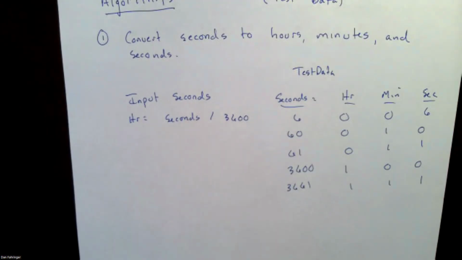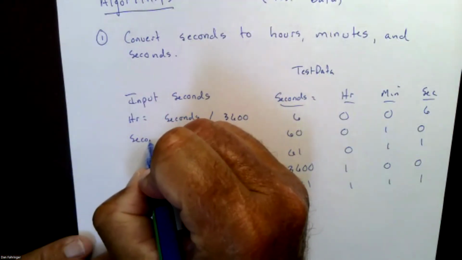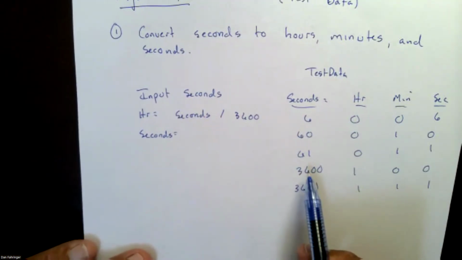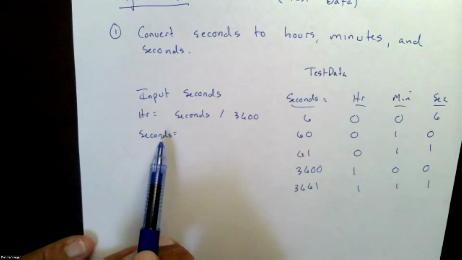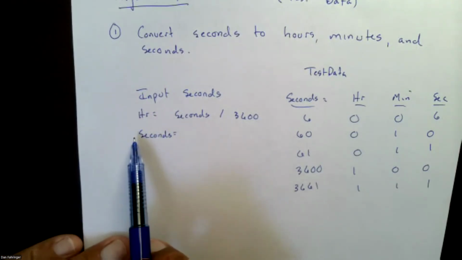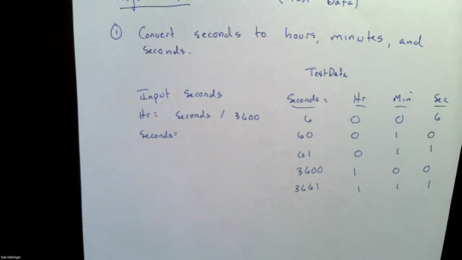I need to eliminate that number of seconds. If it's 3,600, I know it's 1 hour. How would I find out how many seconds are left after I calculate the hours? Really I'm calculating the hours, then using what's left to calculate the minutes, and using what's left will be seconds.